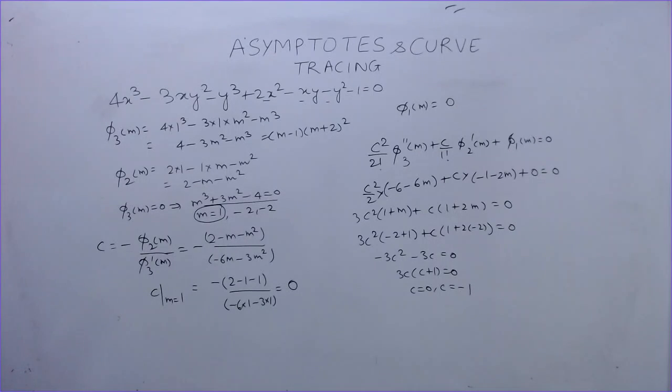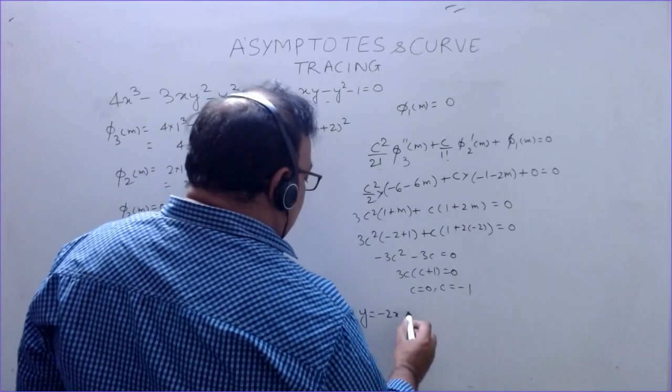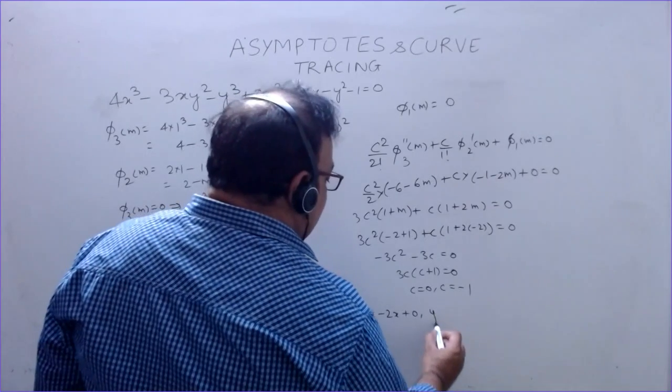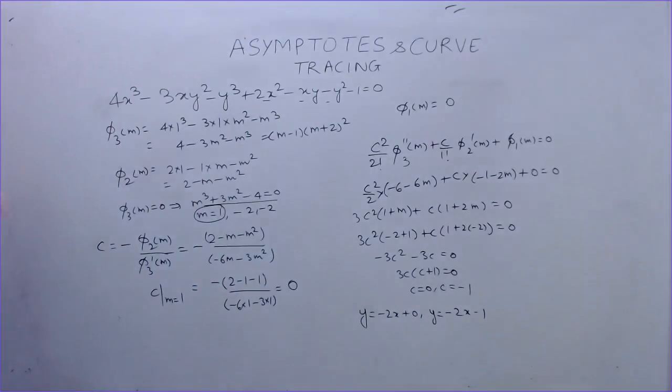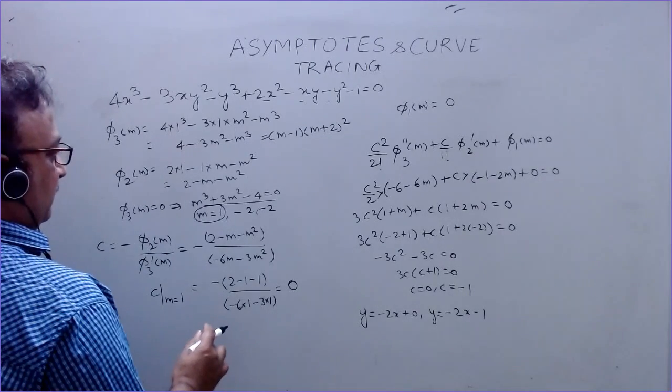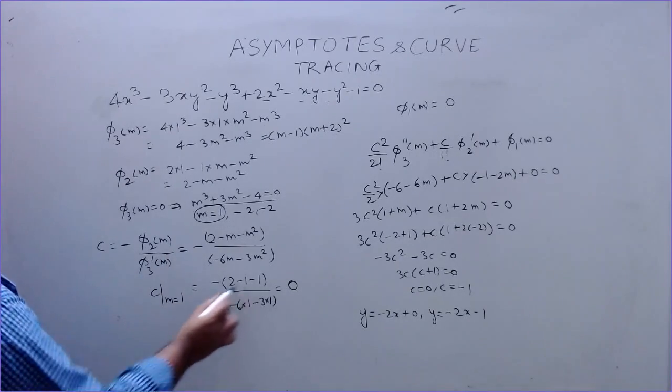So you can write the equation for m equal to minus 2. The first asymptote is y equal to minus 2x plus 0, and the second is y equal to minus 2x minus 1, and the third one we can write for m equal to 1, where c is 0.